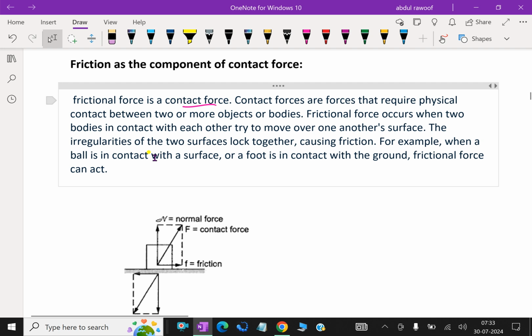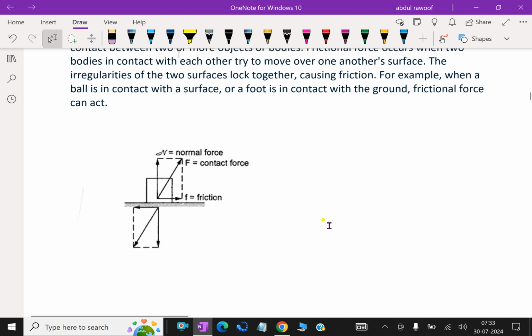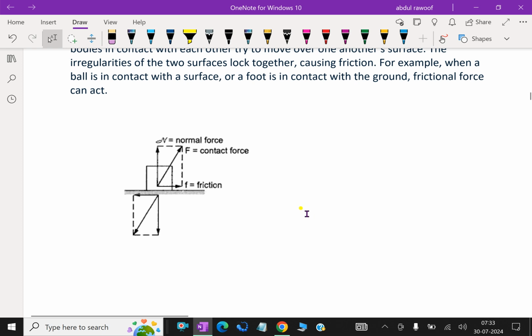The irregularities of the two surfaces lock together, causing friction. For example, when a ball is in contact with a surface or a foot in contact with the ground, frictional force can act between our foot and the floor or the ball and the floor.